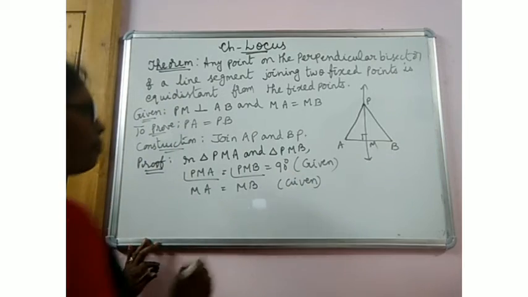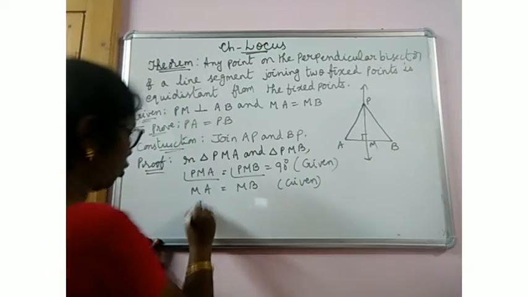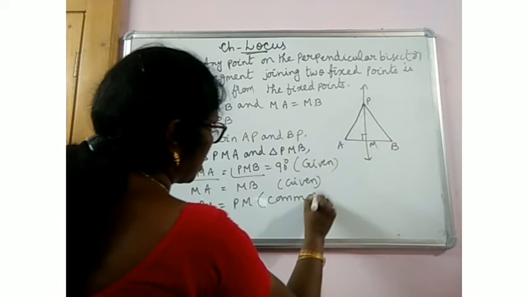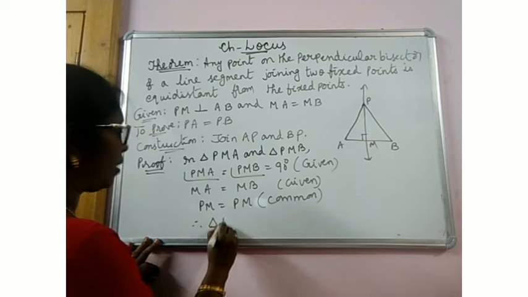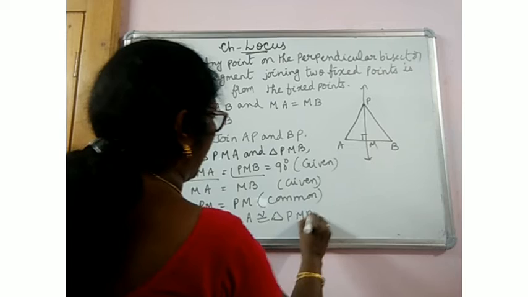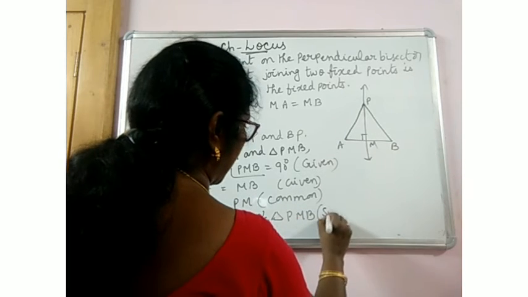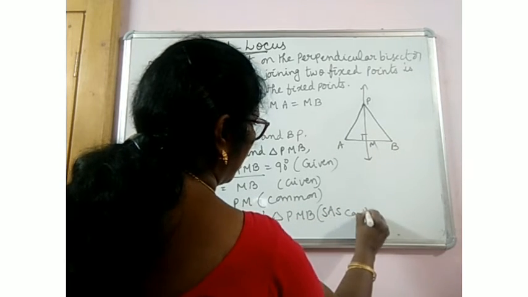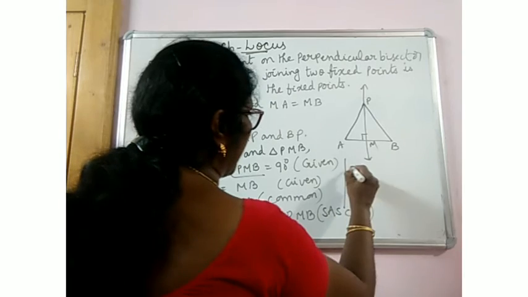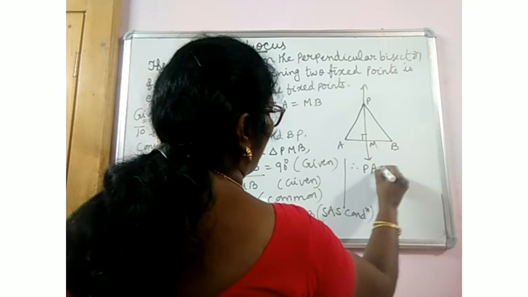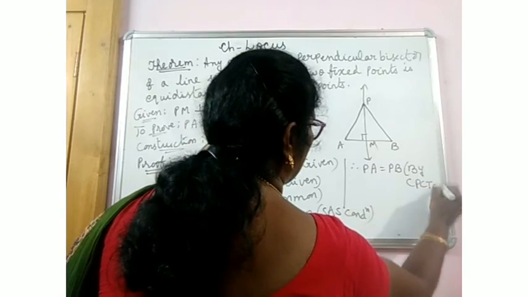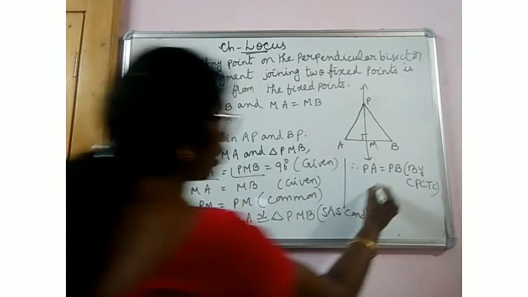And also PM is common to both, PM equal to PM. Therefore, triangle PMA is congruent to triangle PMB under the SAS condition. Once they are congruent, by CPCTC, PA is equal to PB. That is what we have to prove.